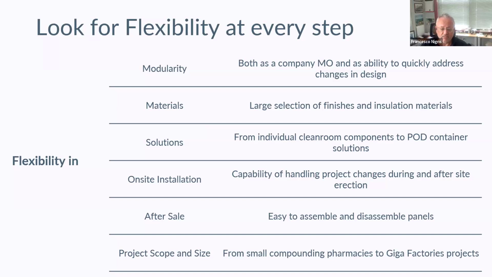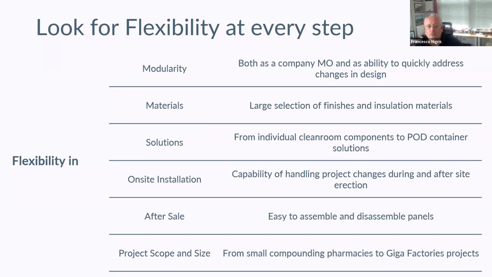Of course, sometimes it's not necessary to know exactly the position of a recirculation grill or an electrical outlet right now, but you need to be sure that the partner is able not to overlook certain questions, certain decisions, and to pose them at the right time in order to keep the pace of the project.